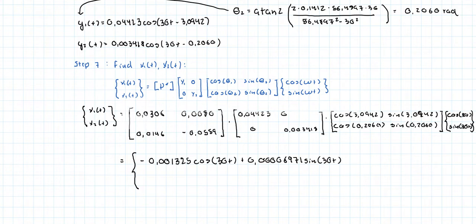And minus 0.0008321 cosine of 30t plus, or minus, 0.5 times 0.8489 sine of 30t.